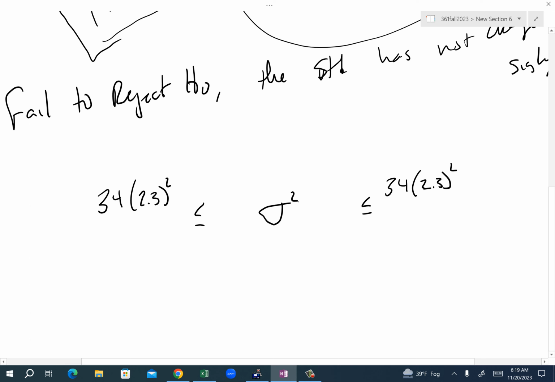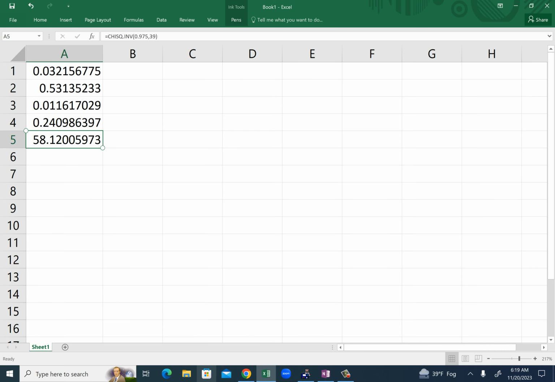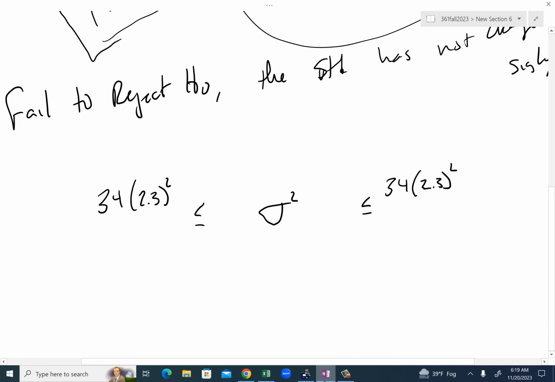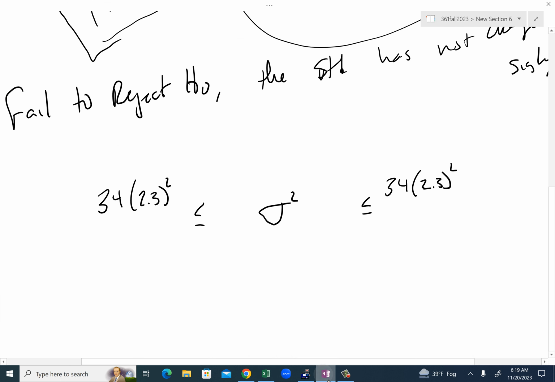Now, got to go back to Excel, obviously. And I'm going to put in here, again, this is a two-tailed test, so I don't want to change that guy. But what I do want to change is my degrees of freedom, which is 34 this time. And I got 52, basically.